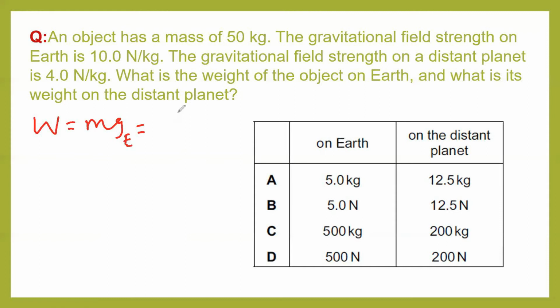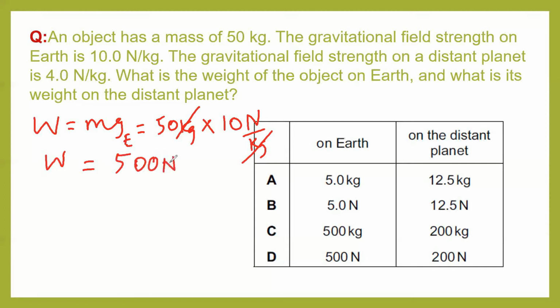The mass remains constant, that is 50 kilograms, and the value of g is 10 newtons per kilogram. So kilogram can be cancelled by kilogram, and the weight is going to be 500 newtons.